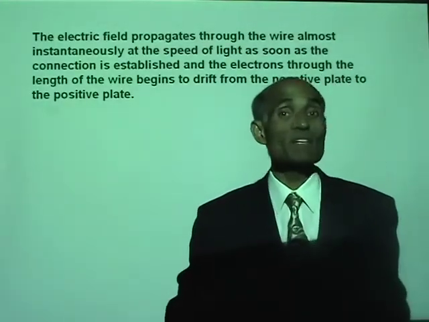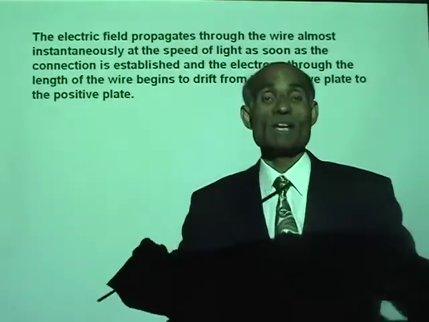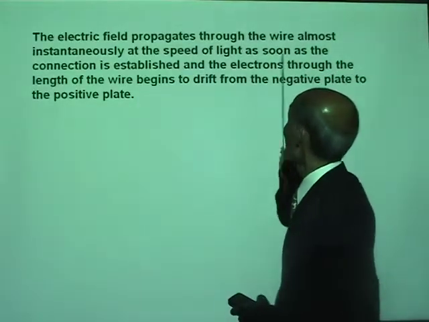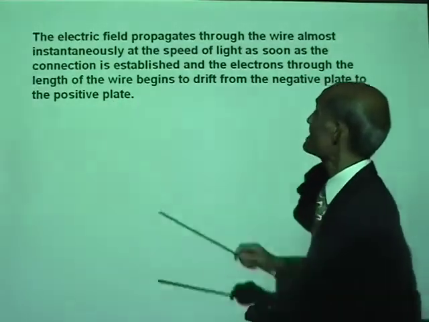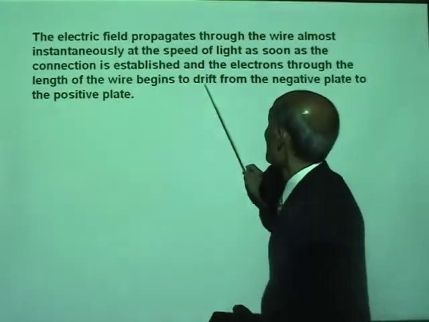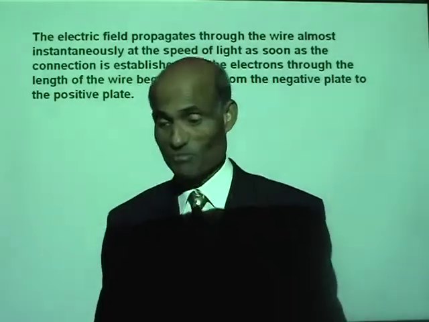It does not take a long time to propagate through the wire. It happens almost instantaneously at the speed of light as soon as the connection is established, and the electrons through the length of the wire begin to drift from the negative plate to the positive plate.